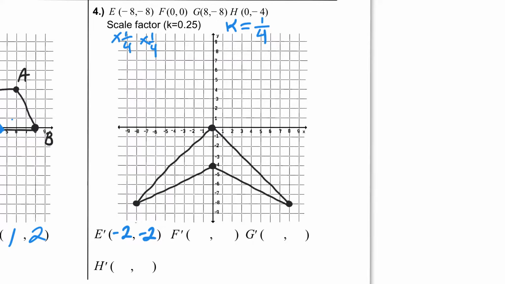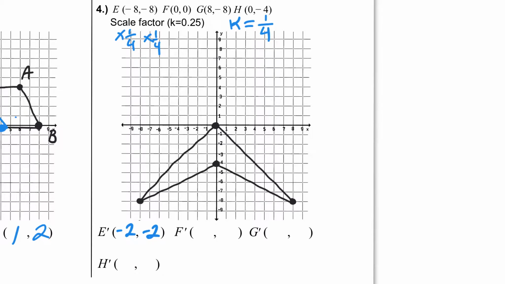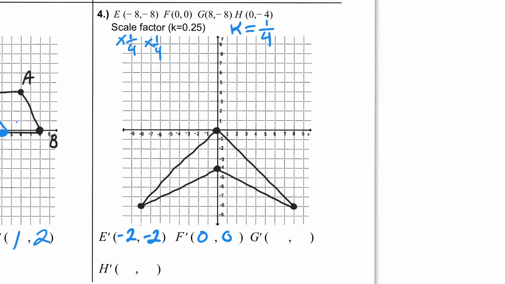If we multiply the coordinates of F by 1/4, we are going to end up with F prime, and 0 times 1/4 is going to be 0 for both of those coordinates. So we're looking at the point 0, 0 for F prime. For G prime, if we multiply the coordinates of G by 1/4, 8 times 1/4, or 8 divided by 4, is equal to 2.